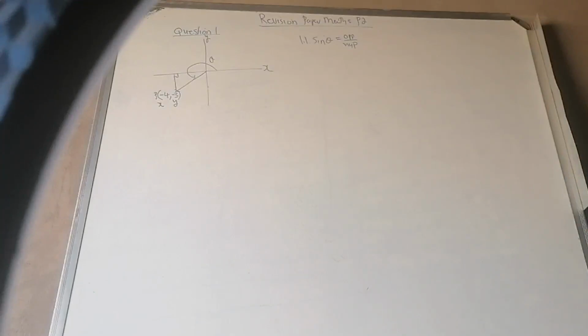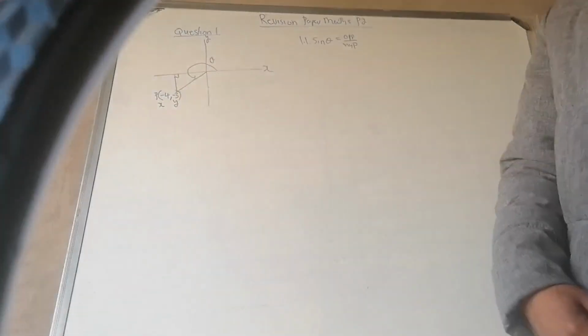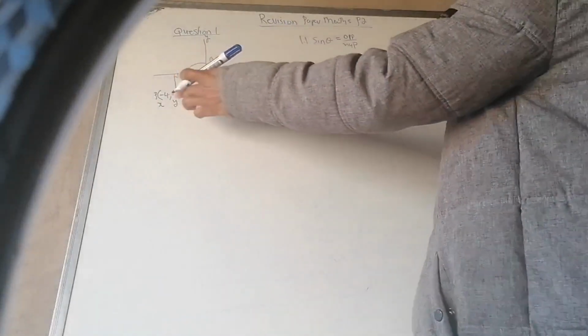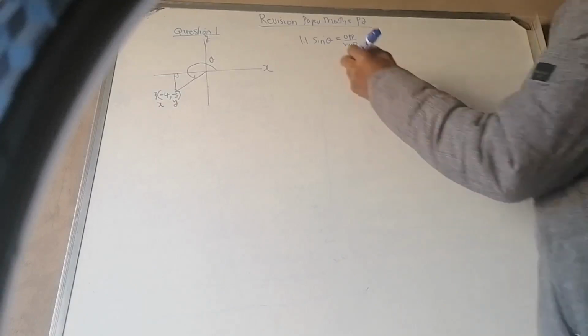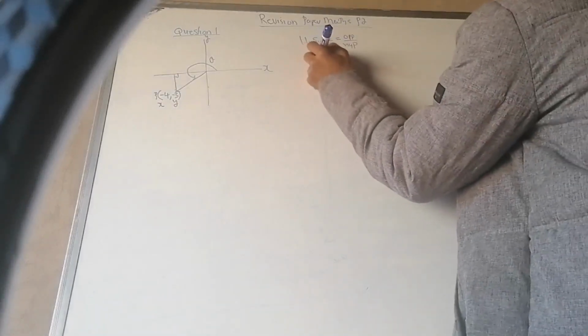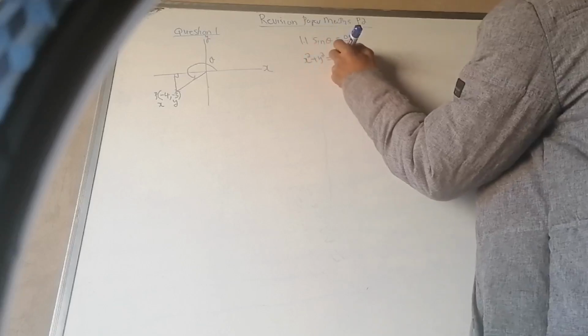Now, because this triangle makes one angle that is equal to 90 degrees, I can use the theorem of Pythagoras to find the length of the hypotenuse, the length of the terminal ray as it moves in a counterclockwise direction. So the first thing I will do is use the theorem of Pythagoras: x squared plus y squared equals r squared.